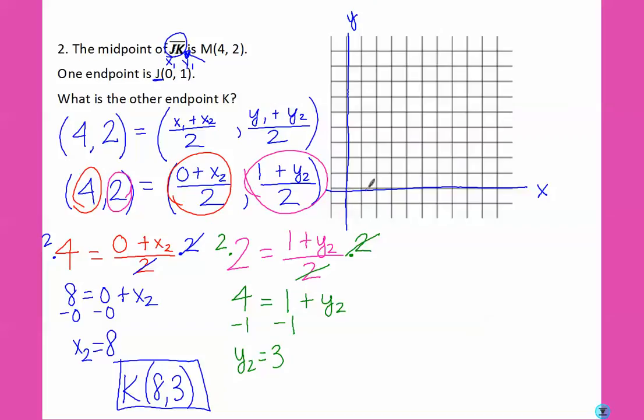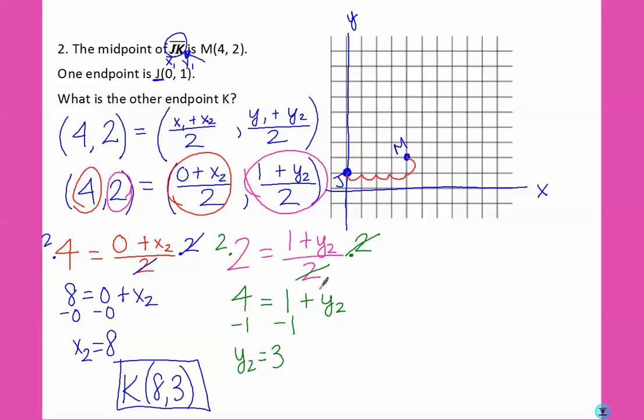So 0, 1 is my endpoint J, and then my midpoint is at 4, 2. How do I get from J to M? Well, I have to go over 4 boxes and up 1.